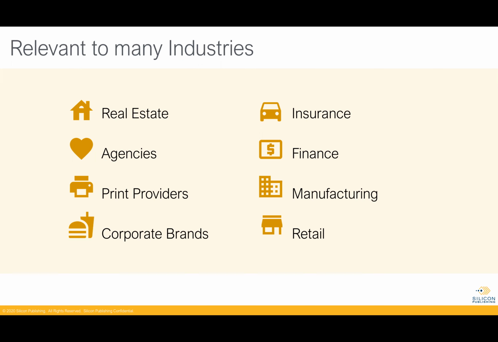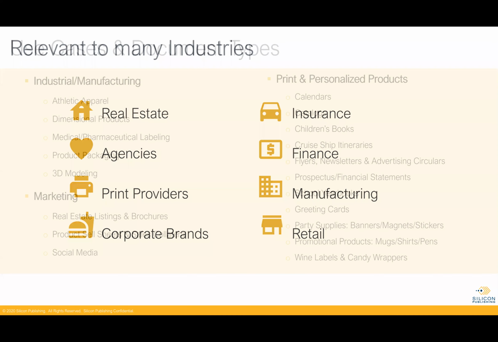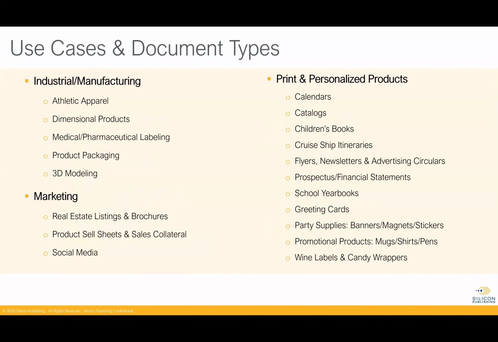Great. So I'm going to show a couple more use cases, and then we can open up for Q&A. At a high level, it's relevant to many industries. Every month or two, we're surprised by where this thing ends up, but people value online design all over the world. These are some of the use cases and document types that we've encountered, and it's a tiny subset of what we've done.